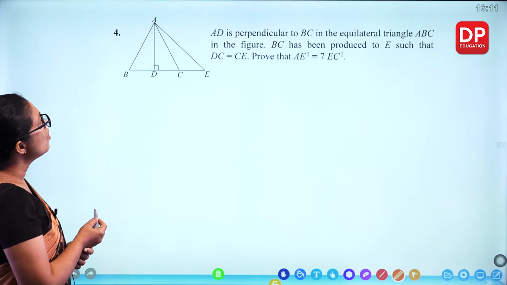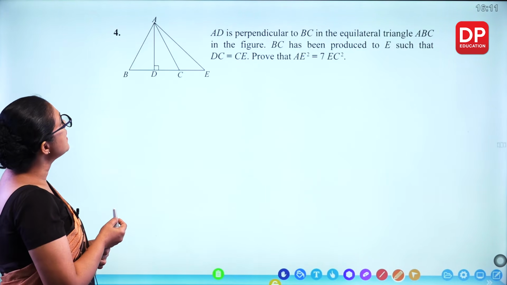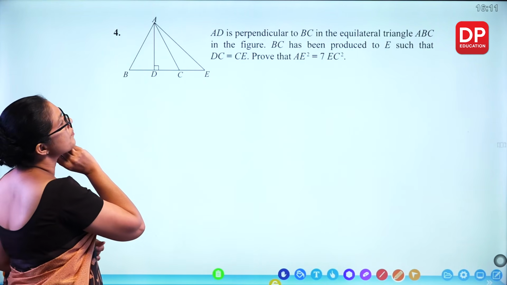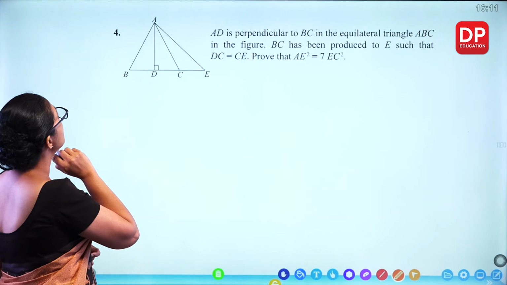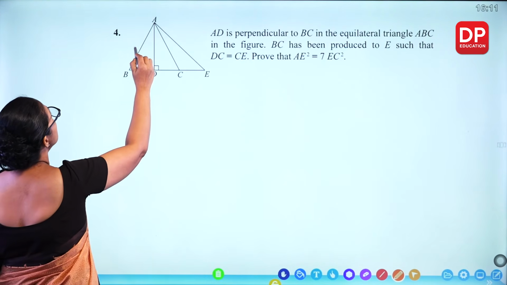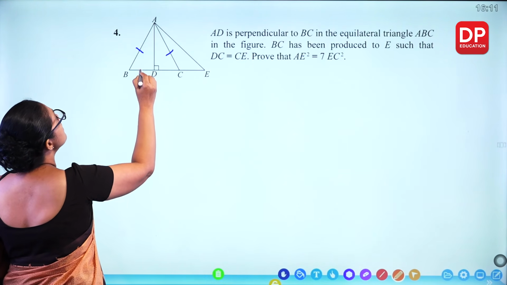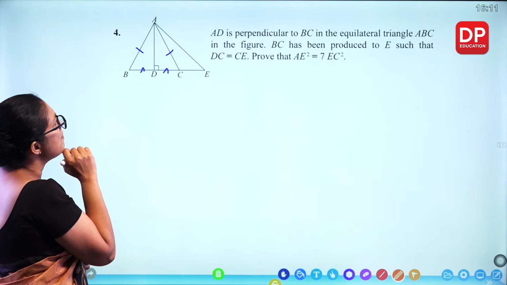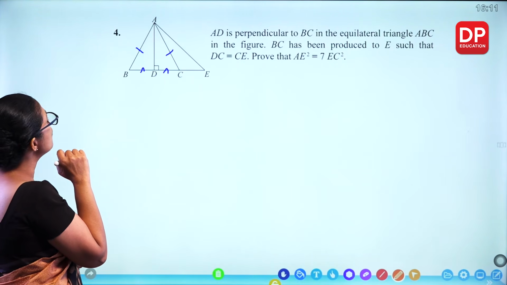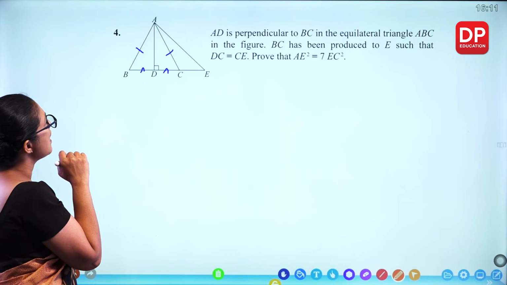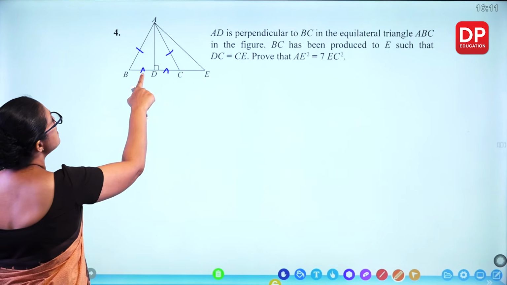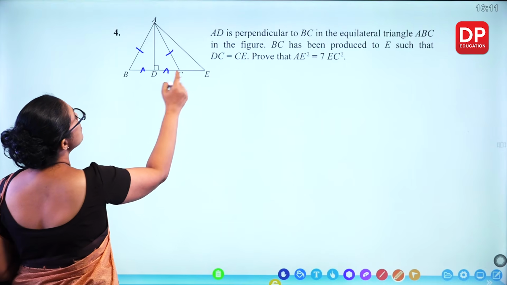Question number 4. AD is perpendicular to BC. It's marked in the equilateral triangle ABC. Again, equilateral triangle. So this length is equal to this length. BC has been produced to E such that DC is equal to CE.